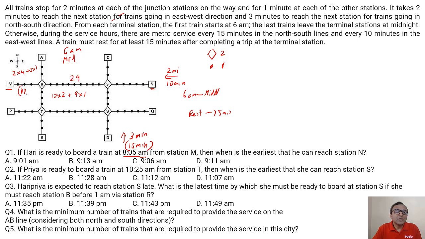So I have 11 minutes here, 29 minutes here, and in the last I have 6 routes and 5 junctions. Again 5 into 1 plus 6 into 2, 17 minutes.